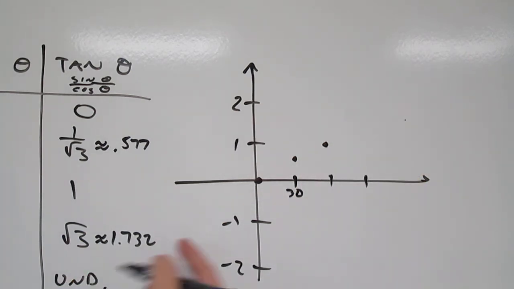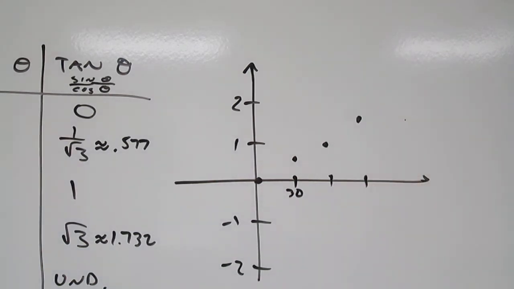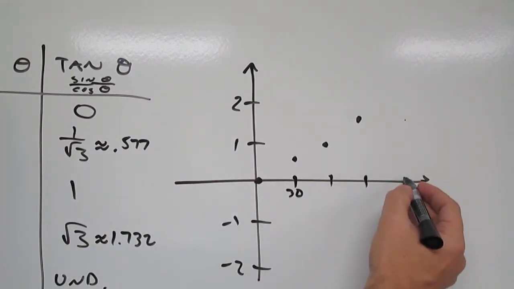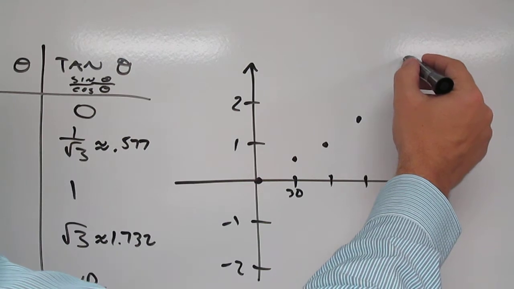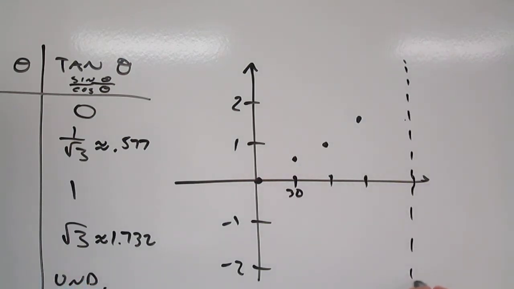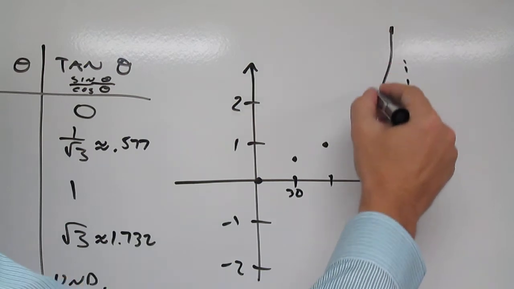Tangent of 60 is 1.7, so things are going to jump up a little bit. And the tangent at 90 degrees is going to be undefined. It's actually going to be a vertical asymptote. The closer and closer you get to 90 degrees for tangent, the closer and closer to infinity you go. So this is actually going to go up like that.